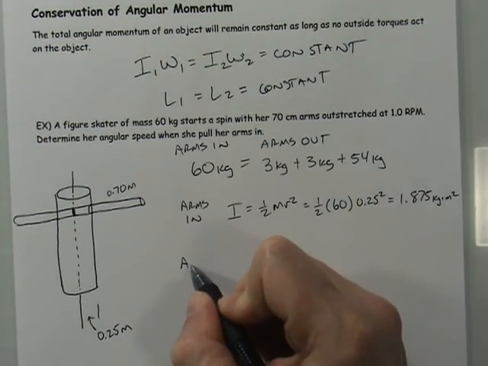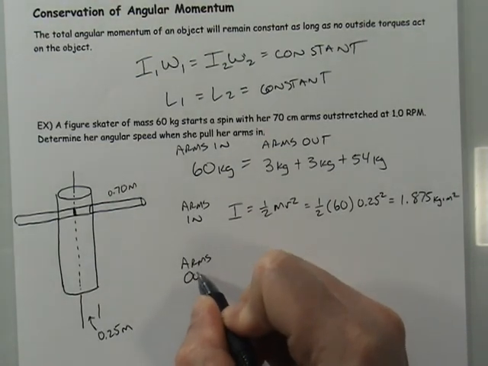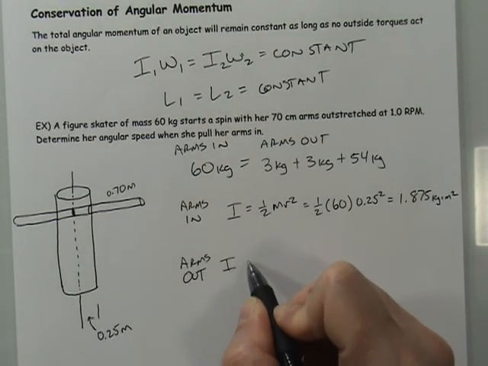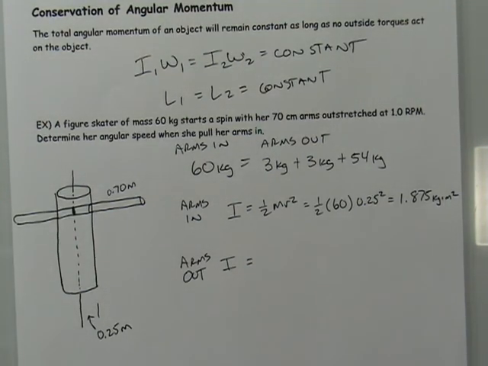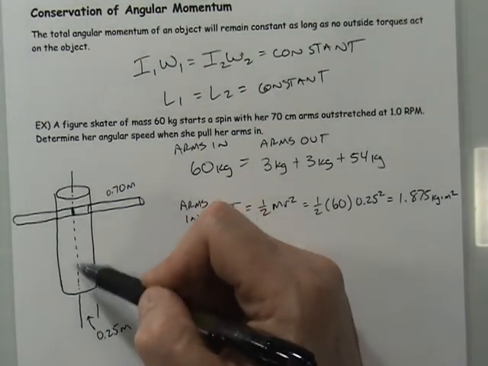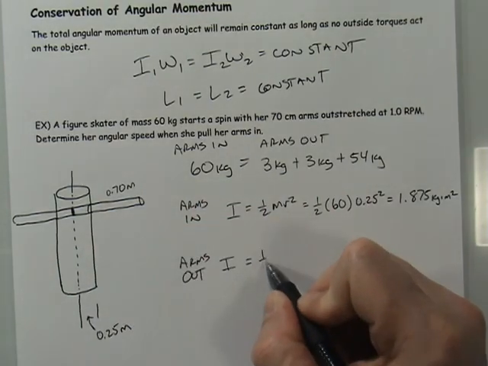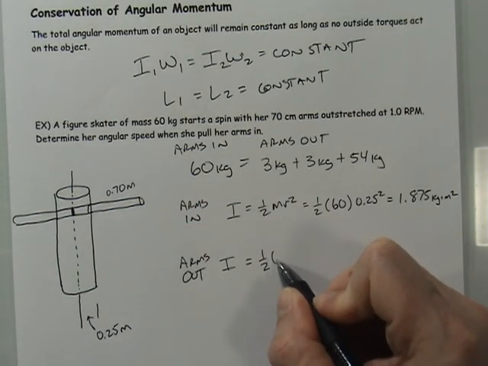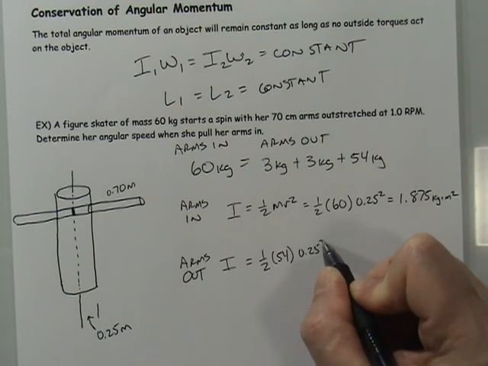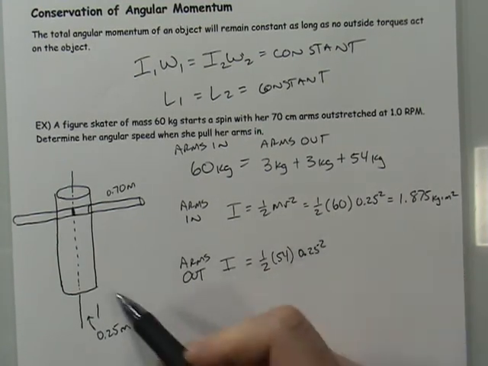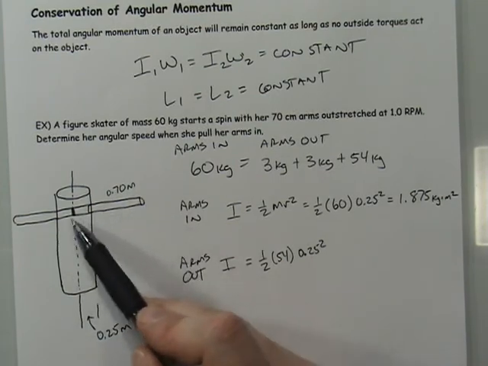Now the question is when the arms are out. Okay, well in that case, we're going to end up with two things that we need to add together to get the moment of inertia. The first thing is the cylinder, which is now only 54 kilograms, we still need to calculate. That's 1/2 times 54 times 0.25 squared. Okay, so that gets their body. Now we need the moment of inertia for these rods.